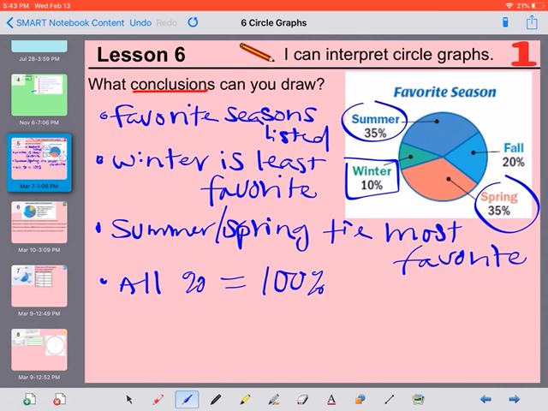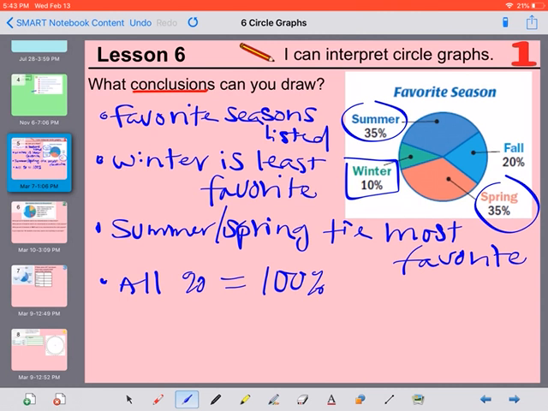Maybe this depends on what season it was when they asked this. Maybe it was summer or spring. That's not an actual conclusion we can draw from this, but we could ask some questions about why the data is what it is.